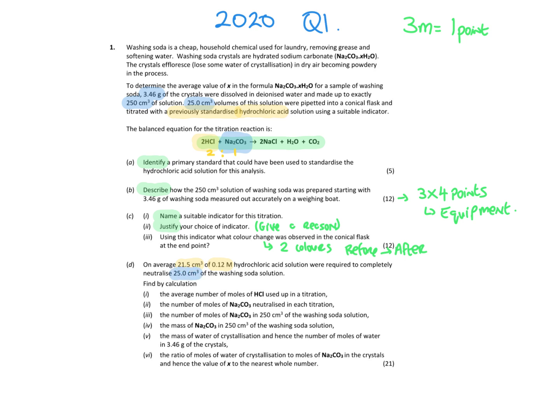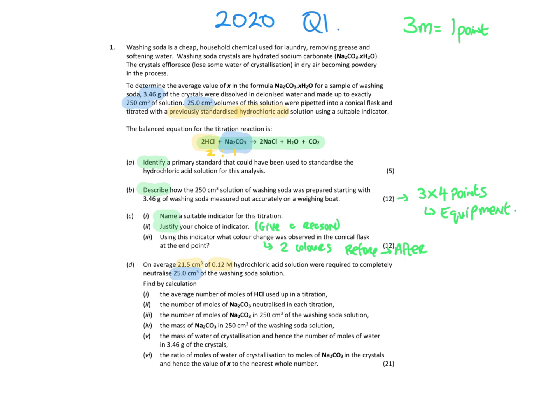Now I'm going to stop there because, as you can see, as I was reading that out, I highlighted those figures in different colours. As I have done with the top part of the question and the balanced equation, I highlighted anything to do with the hydrochloric acid in yellow and anything to do with the sodium carbonate or the washing soda in blue.